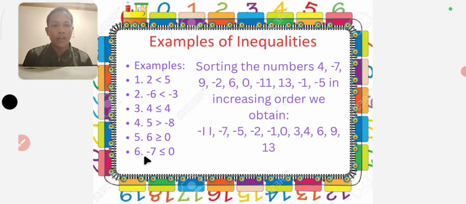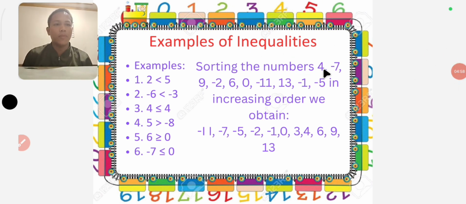This one, negative 7 is less than or equal to 0, because negative 7 lies to the left on the number line compared to 0, meaning negative 7 is less than 0.